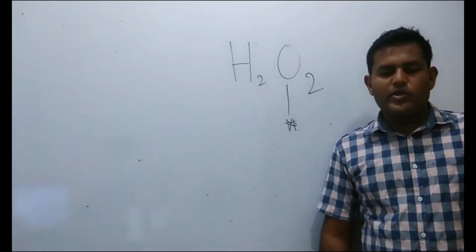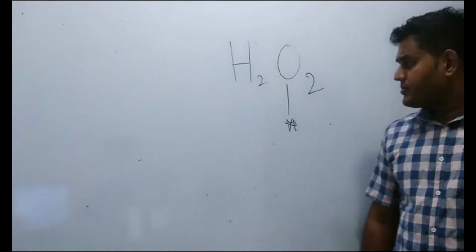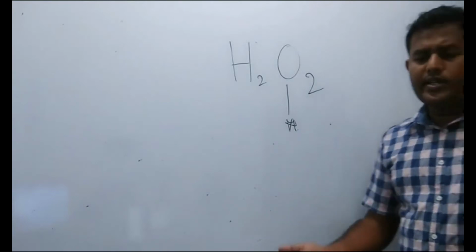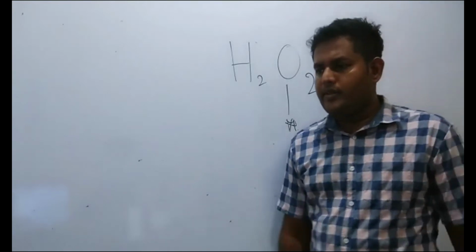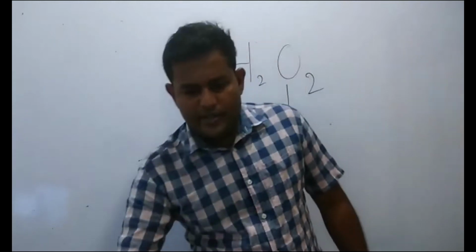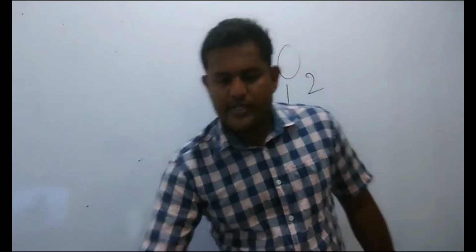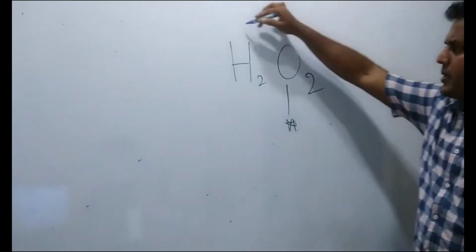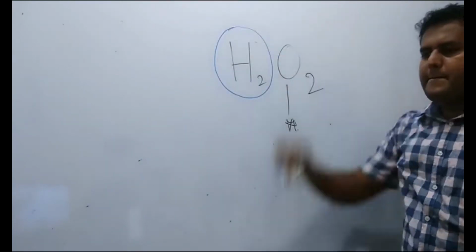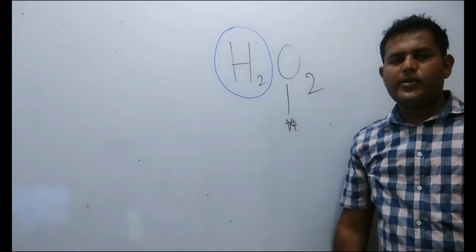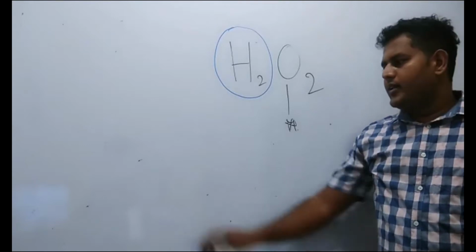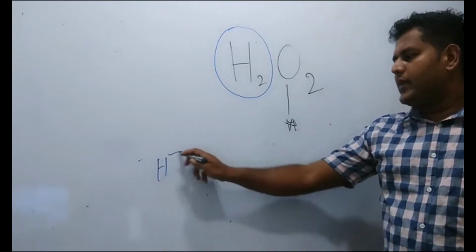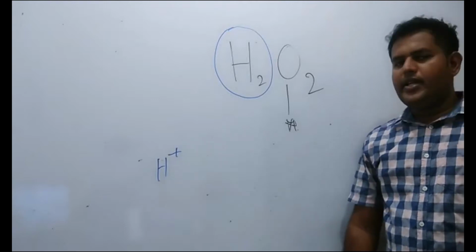If it is -1, that is specified. How to find this? Start with the neighboring atom. The neighboring atom is hydrogen. What is the most common oxidation number of hydrogen? In hydrogen, the most common ion is H+.